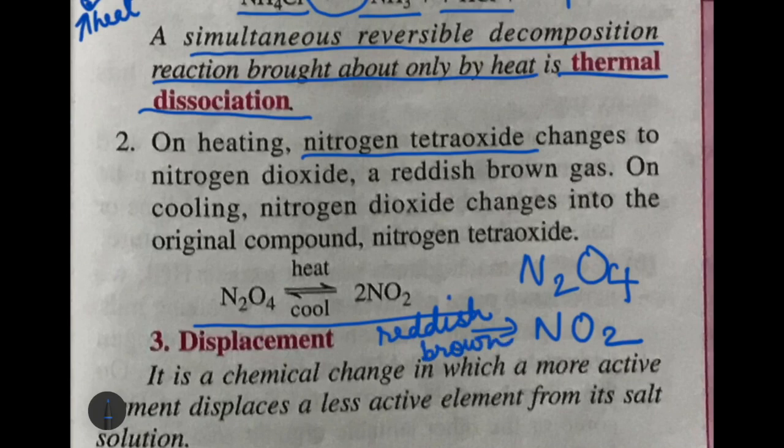So when you heat it, what does nitrogen tetraoxide turn into? Reddish brown nitrogen dioxide. You remove the heat, you cool it, again nitrogen dioxide will turn back into nitrogen tetraoxide. That is a reversible reaction when we reverse the changes.